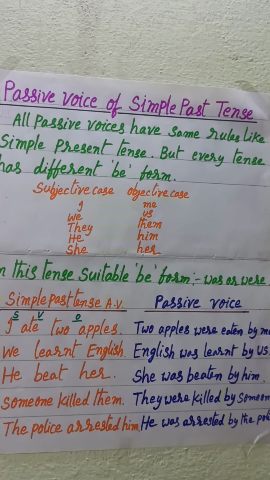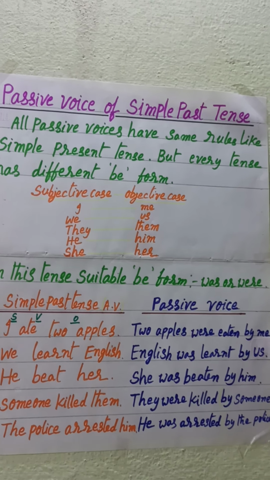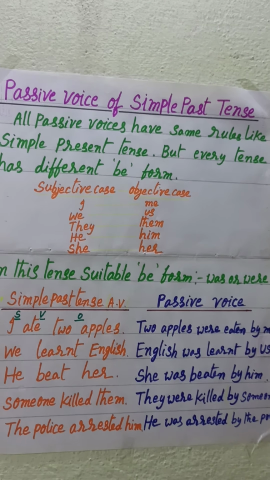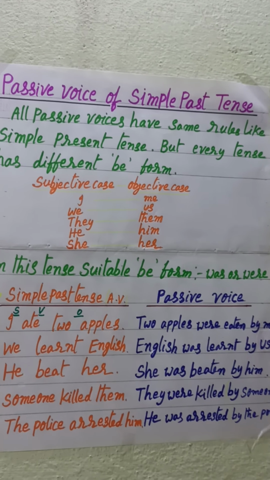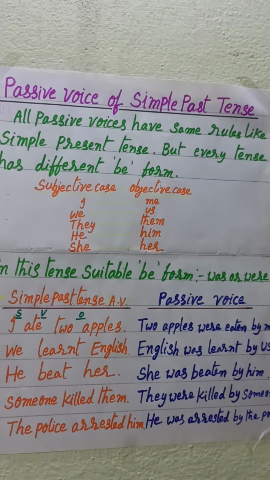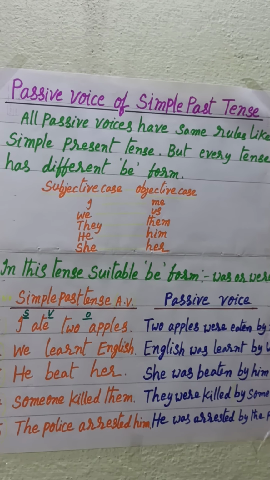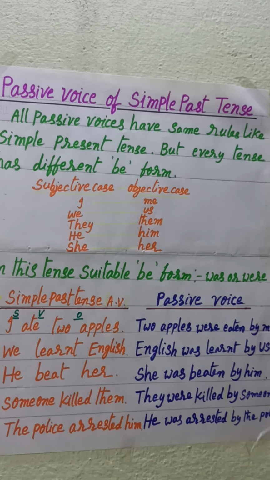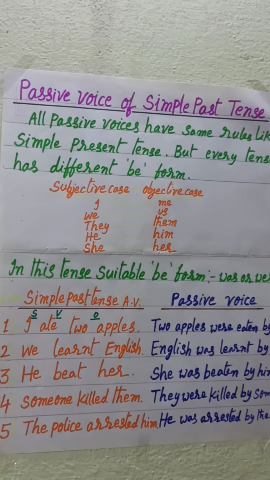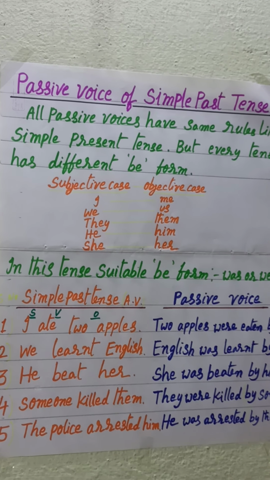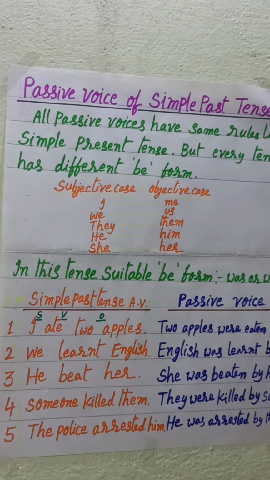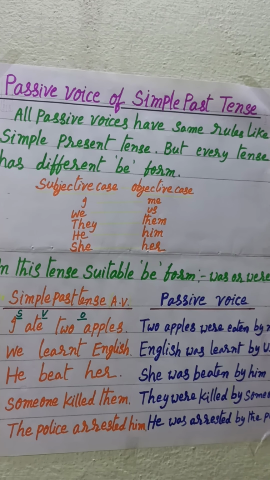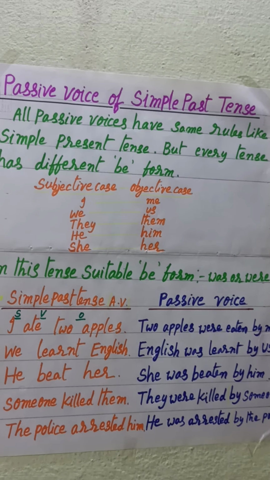So the V form is also plural, that is were. Here the V form was is singular, were is plural. So the passive voice: 2 apples were eaten by me.